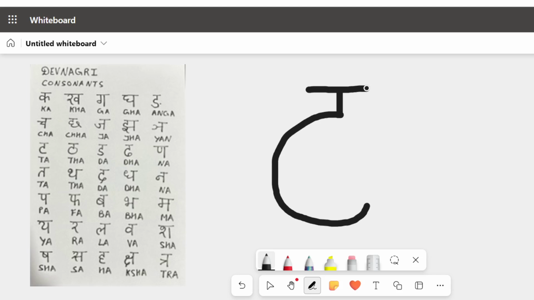Remember, the line on the top helps you connect multiple letters into a single word. That's why we put this line on the top to connect various letters as a single word. So this is retroflex Ta. That's how this is pronounced. Let's go to the next one now.